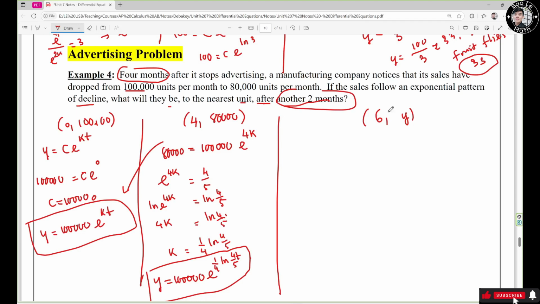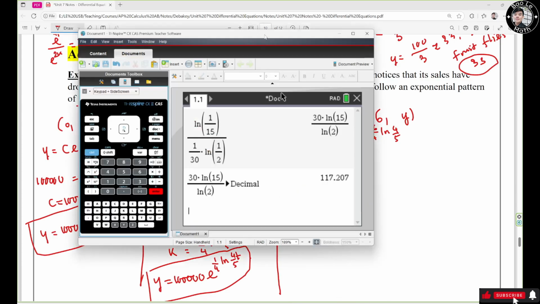Now, you're going to use this ordered pair to solve for y, right? So y equals 100,000 times e raised to the 1 over 4 natural log of 4 over 5 times 6, right? So right here I can write 6 over 4. Alright, now I'm going to use the calculator to calculate this one, right?